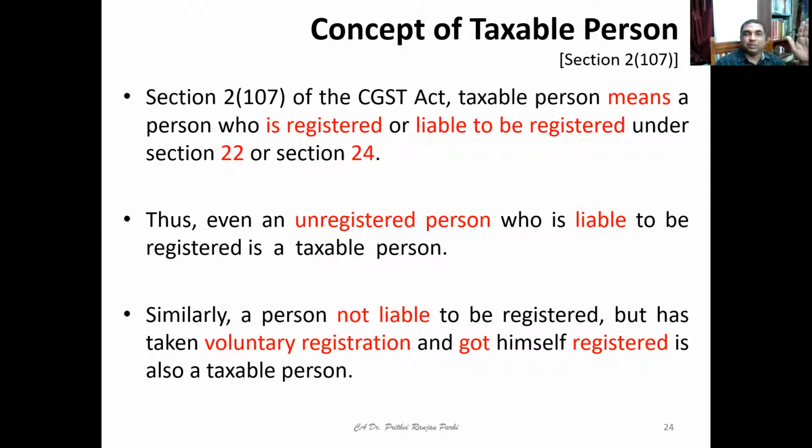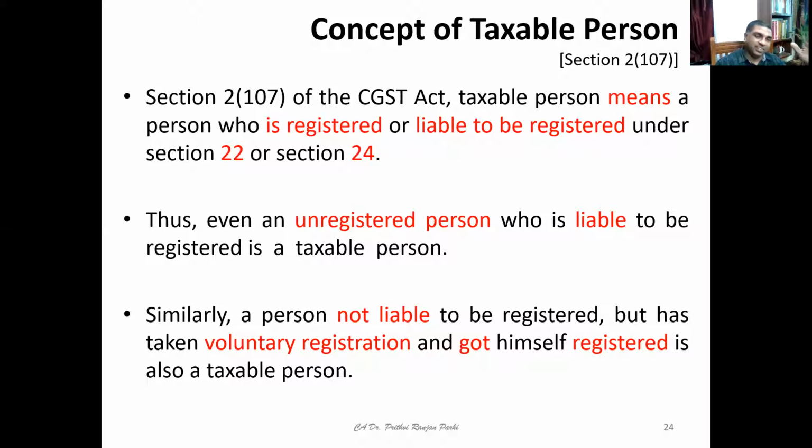So taxable person means both things: either you are registered or you are liable to be registered. That means an unregistered person who is liable to be registered is also a taxable person. True, he has not registered himself, but he is liable to be registered under section 22 or section 24. Therefore, he is still a taxable person.